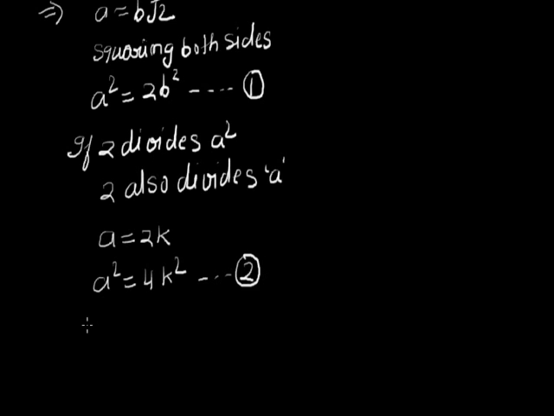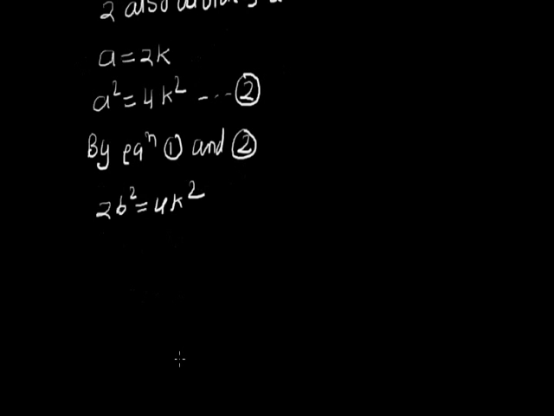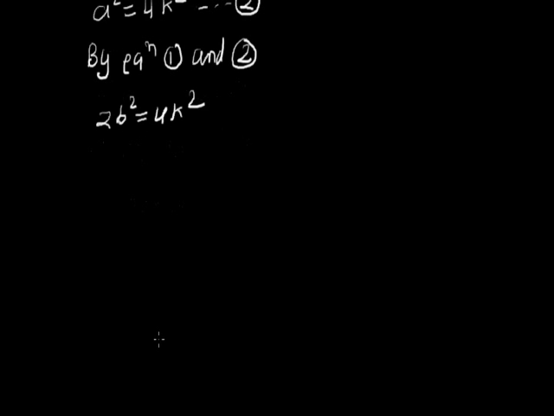Now by equation 1 and equation 2, if we equate them, we can write twice of b square is equal to 4 times k square. If we cancel out 2, then b square is equal to 2 times k square.